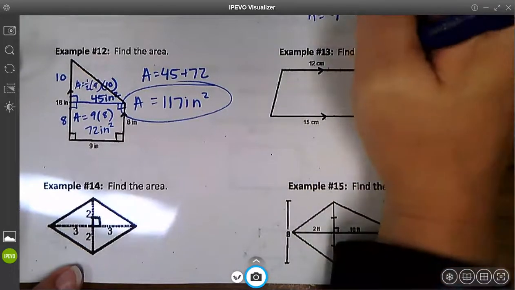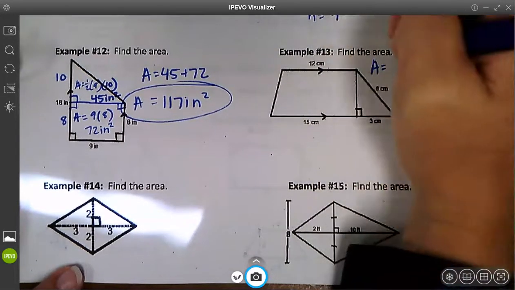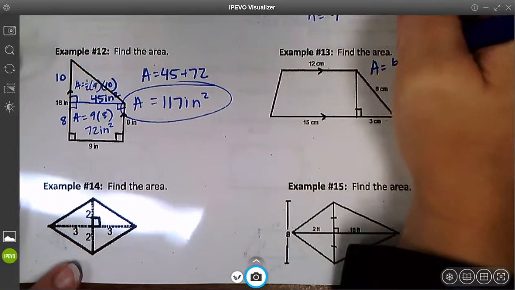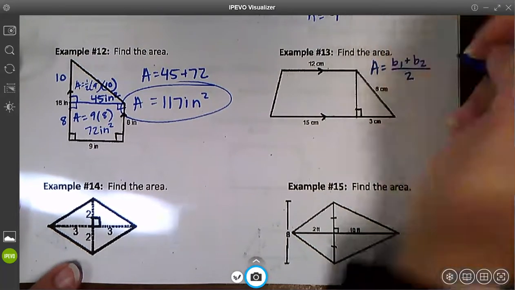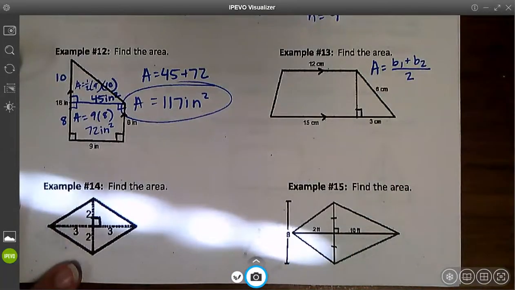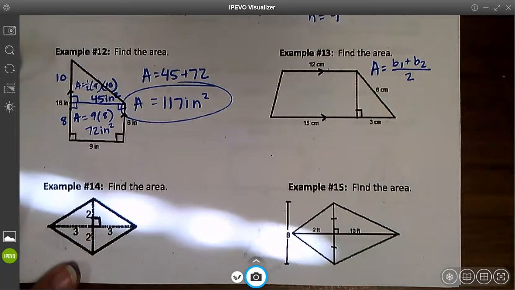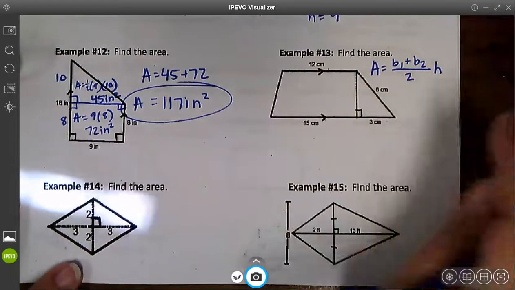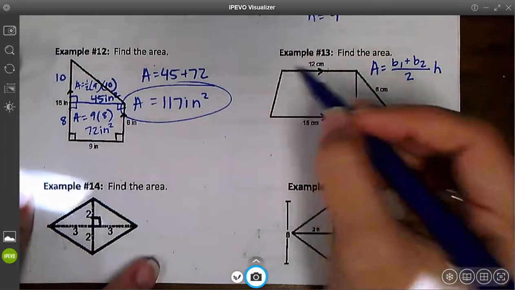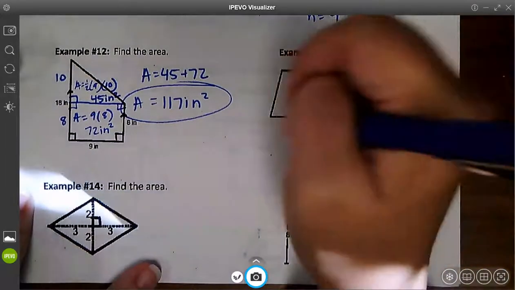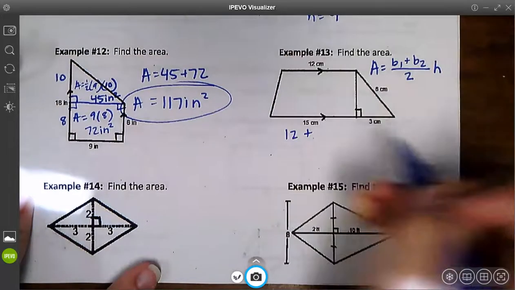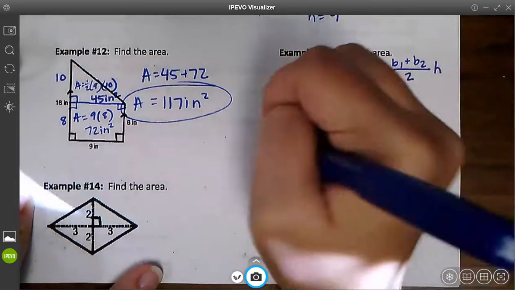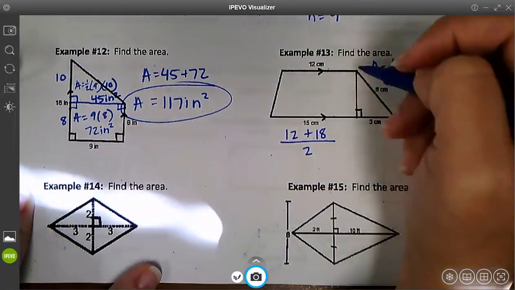The formula for the area of a trapezoid is our top base, which is b sub 1, plus our bottom base, which is b sub 2, all divided by 2, times our height. So my top base there is 12. My bottom base is this 15 plus 3, which is 18, over 2, times my height, which is right here.